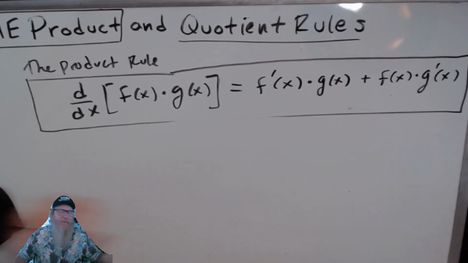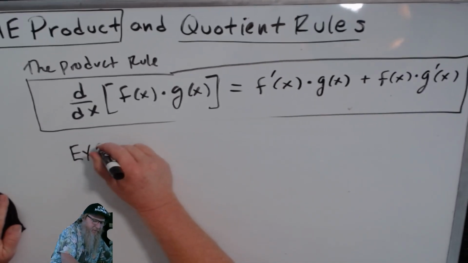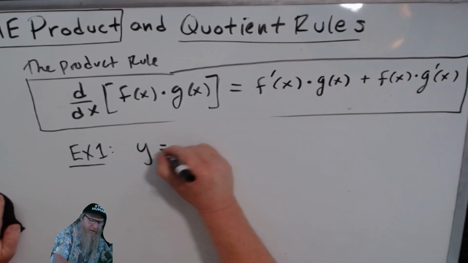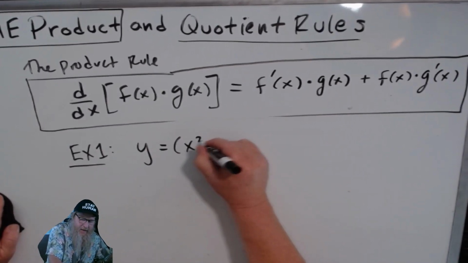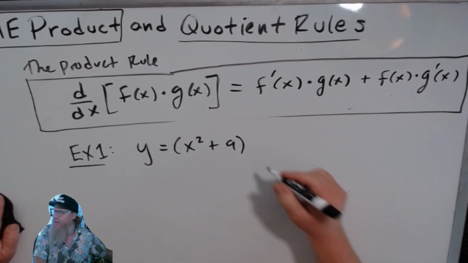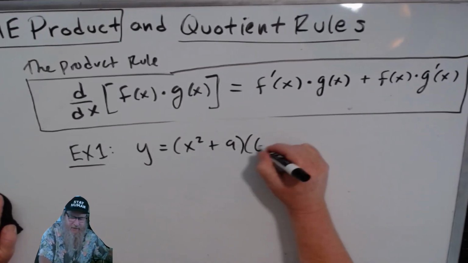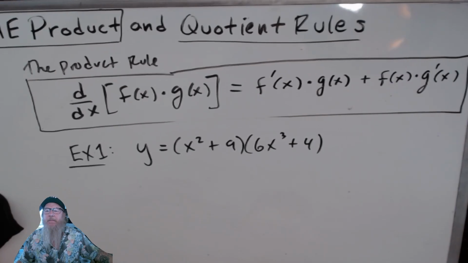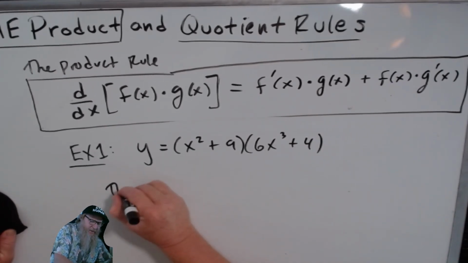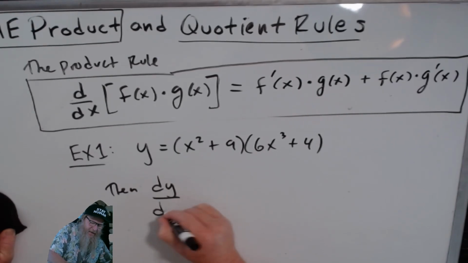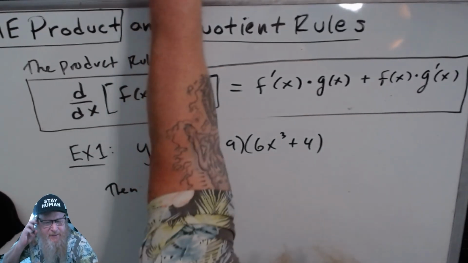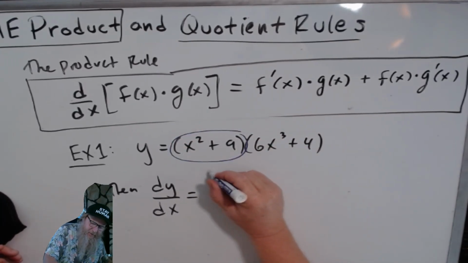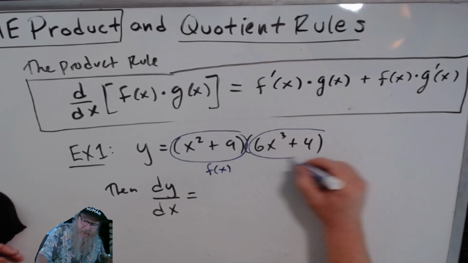We could see an example of this. So if y is equal to x squared plus 9 times 6x cubed plus 4, then dy dx. So this is f, this one's g.